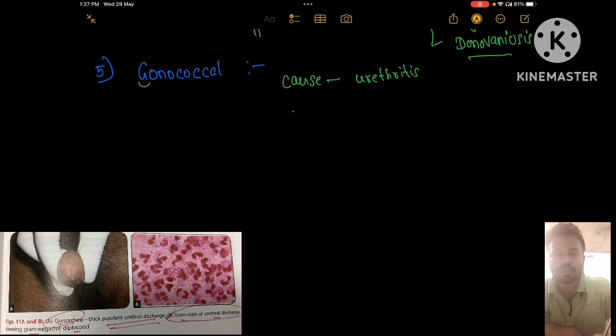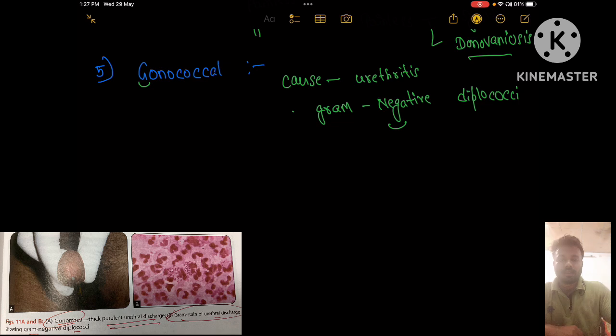G: Neisseria gonorrhoeae is gram negative diplococci. G for G: in the term negative there is a G, but in the term positive there is no letter G. So it is a gram negative diplococci, but not positive.